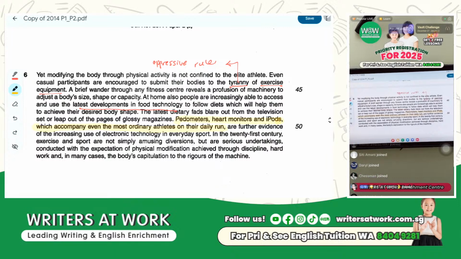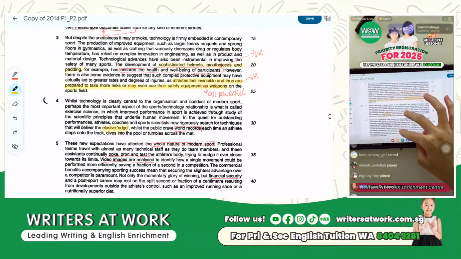And this suggests that technology has infiltrated every aspect of both professional and ordinary people's sporting lifestyle. Okay, so this is the gist. This is what the whole text wants to highlight with regards to technology and sports.